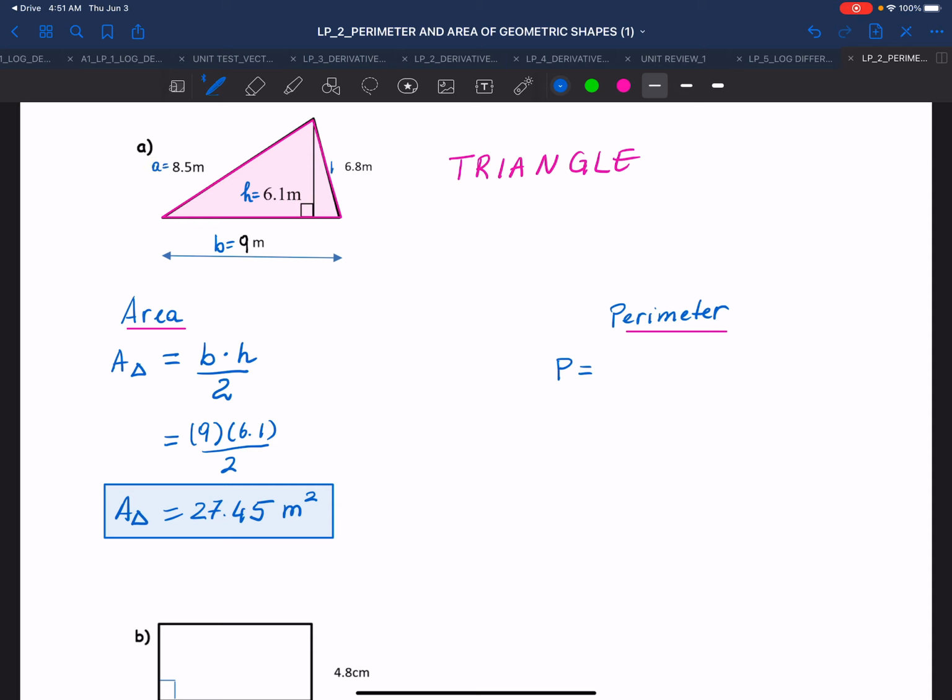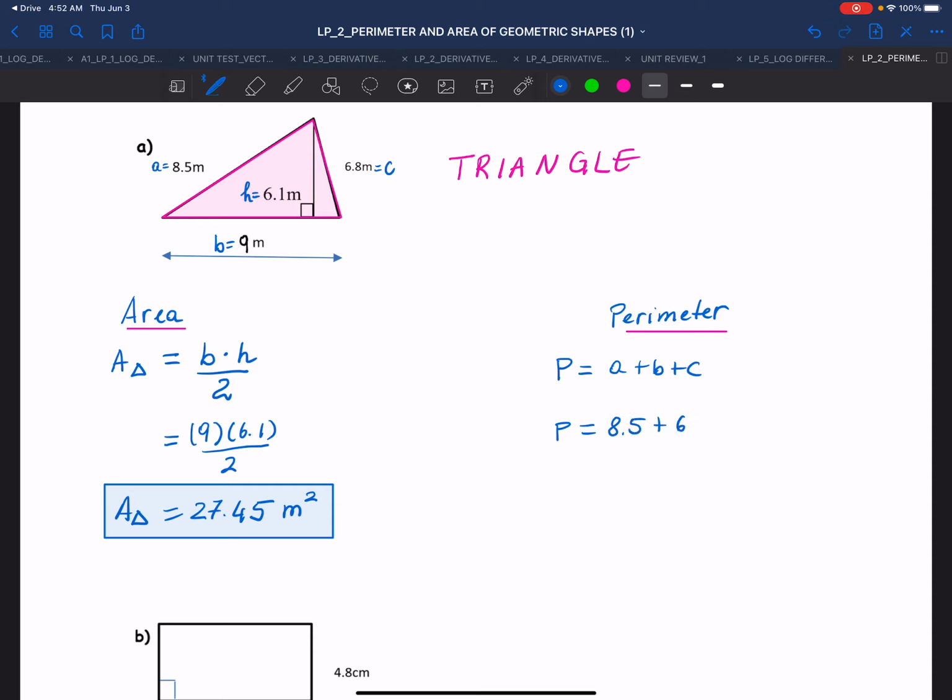For side lengths, usually we use lowercase letters. And since I have used b, then I'm going to use here c for this side. I'll make this look better.